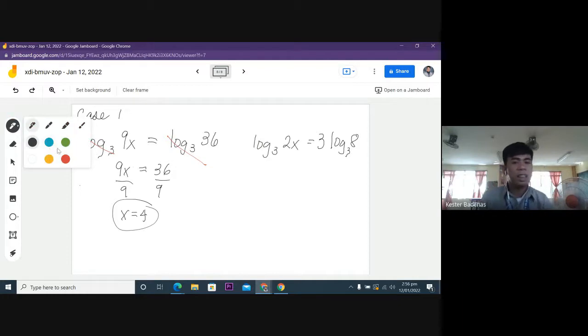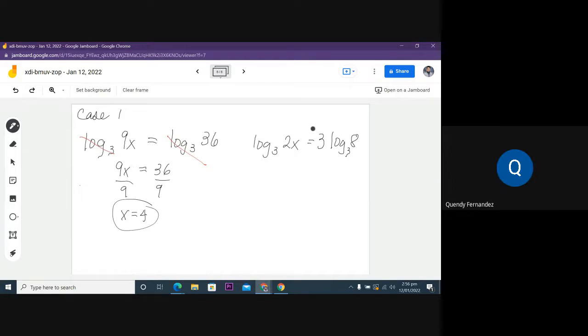Anyone? Ano yung gagawin natin sa 3 para pwede natin makancel? Kasi nga, hindi natin makancel yung logarithm kasi nasa katabi niya. Sino yun na Grace? Yes. Sige, Wendy. Yung kabilang side po, power rule po.